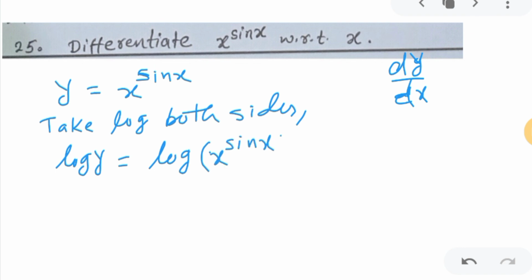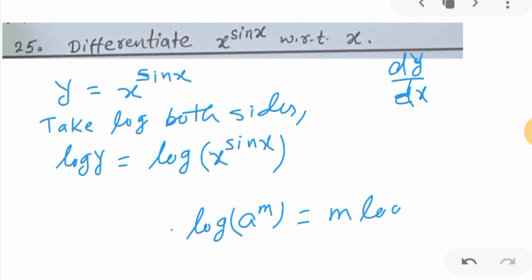Using the logarithmic formula, log a to the power m equals m log a, the power will come in front.